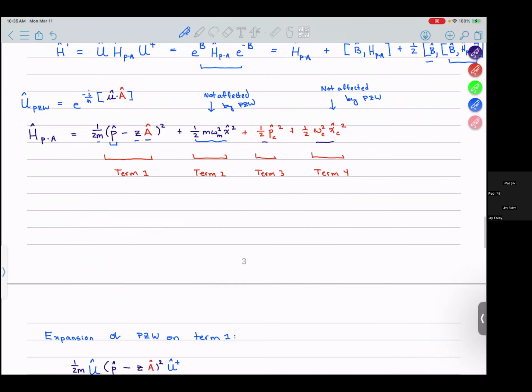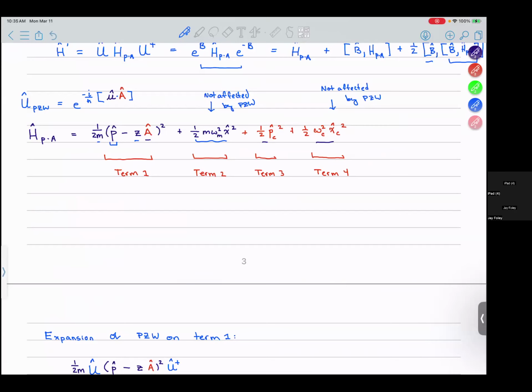So what will be affected is term 3, which is the photon momentum operator squared. Basically, we have to figure out the magnitude of the shift, but we know that we're transforming with some magnitude. Basically the magnitude is something like mu hat times lambda naught.